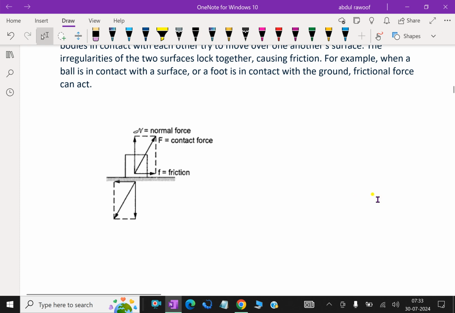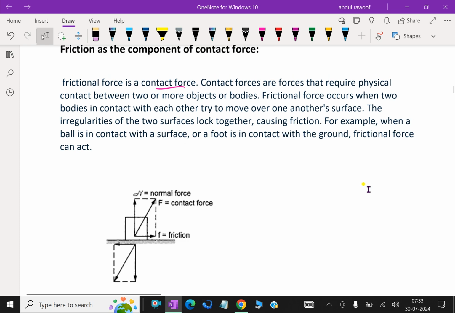Now, friction as a component of the contact force.